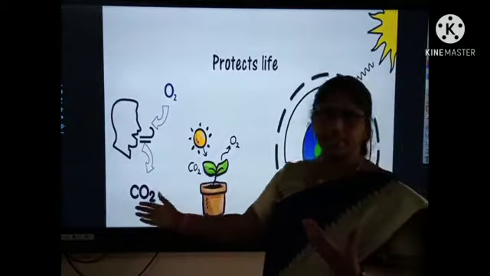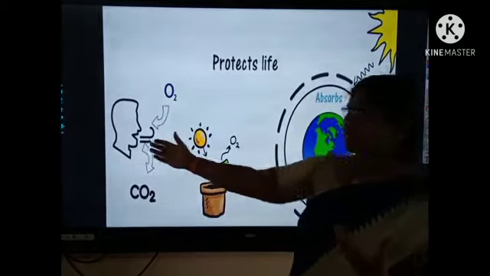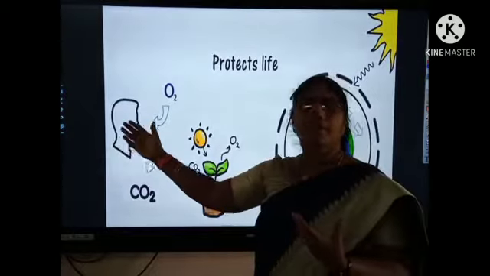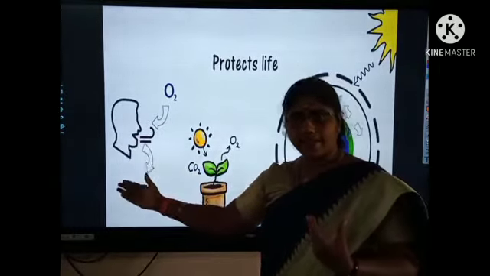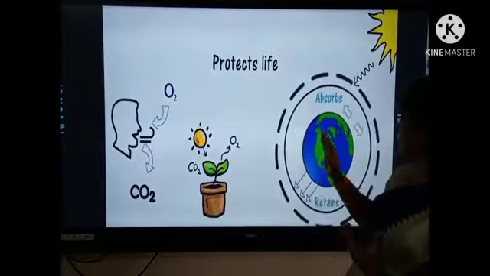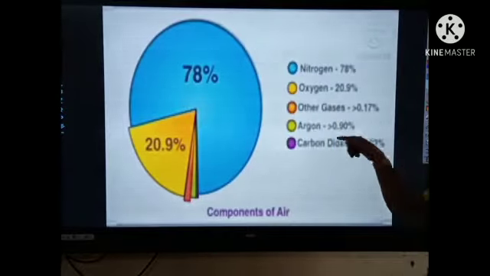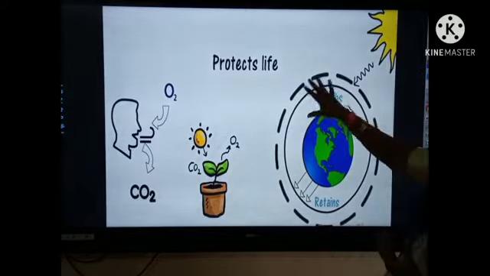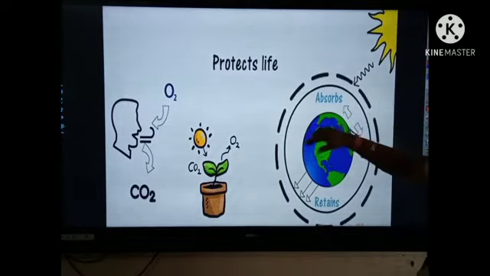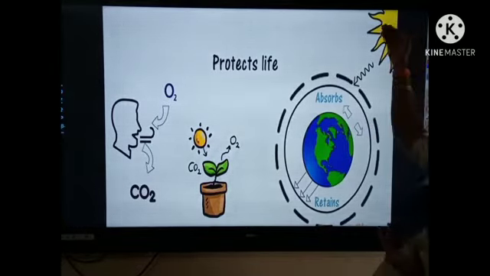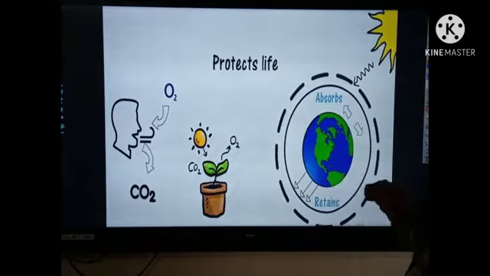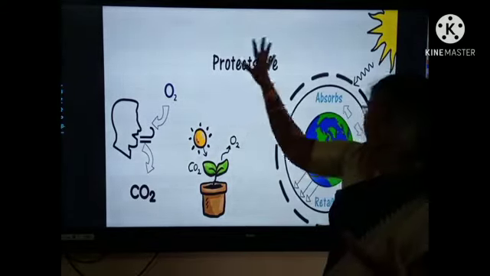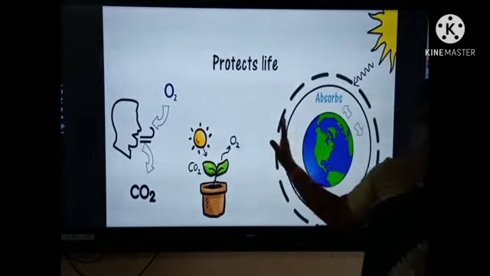So carbon dioxide is very important for plants, and oxygen is very important for human beings and animals. The atmosphere also prevents the ultraviolet rays from the sun from reaching us. These are all the importance of the atmosphere.